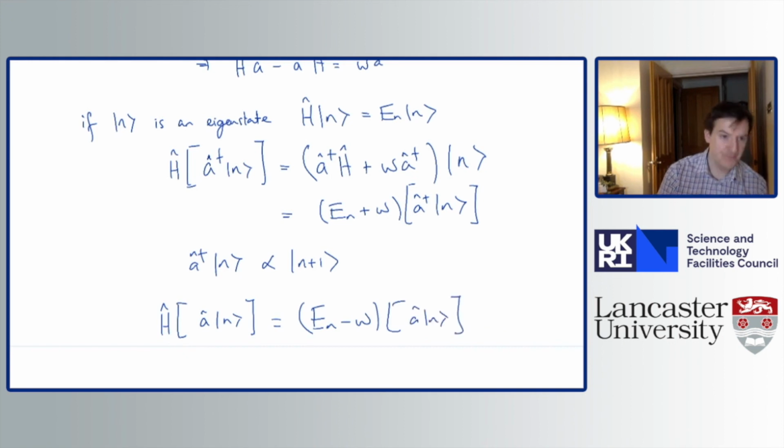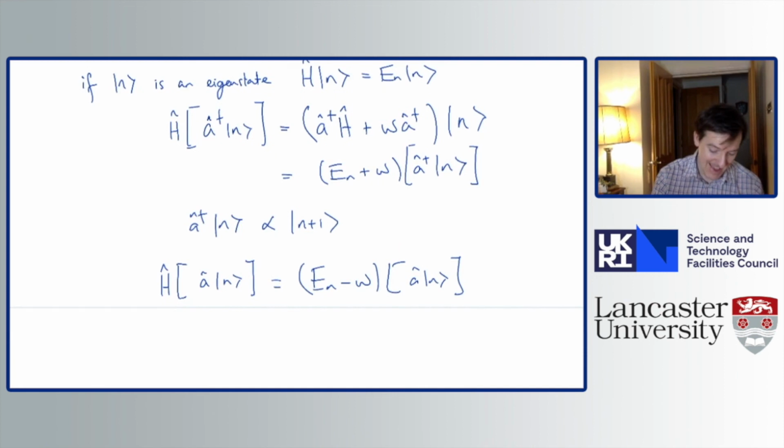This tells us that this A operator acting on n lowers it, and I can label it by the state n minus 1. I'm using the proportionality symbol here because there'll be some coefficient that you can define depending on how you want to normalize your states. What's happening? Repeat: A dagger increases the energy by an amount omega, and A decreases the energy by an amount omega.